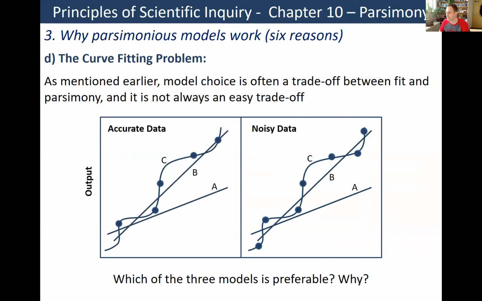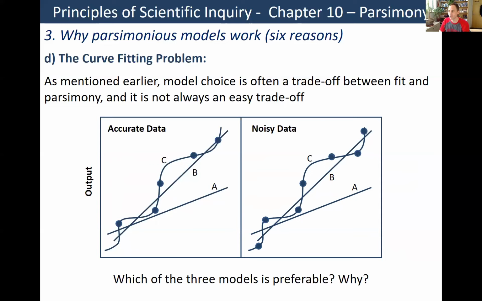Now, if we see the same pattern, but with noisy data, which of the 3 models are preferable? Right, I'm not going to wait for an answer since none of you are here and none of you are going to answer, but in this case, you might decide based on simplicity and the fact that there's a trade-off, that model C is more likely to incorporate noise from that data, measurement error.